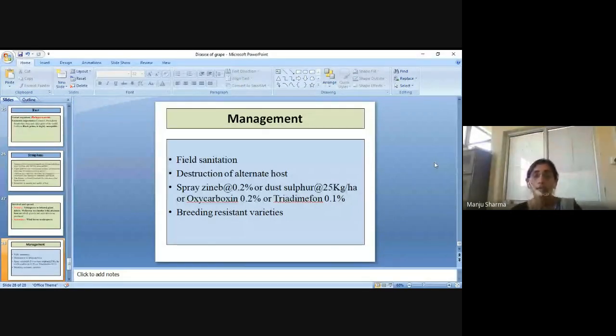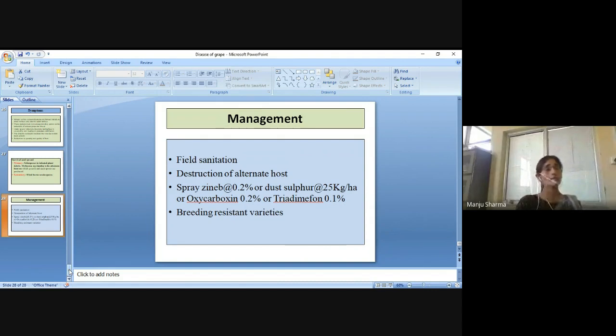And breeding resistant varieties which we have to cultivate, by which we can control or manage different types of diseases. In management, two important things are there: one is field sanitation and another is crop rotation.